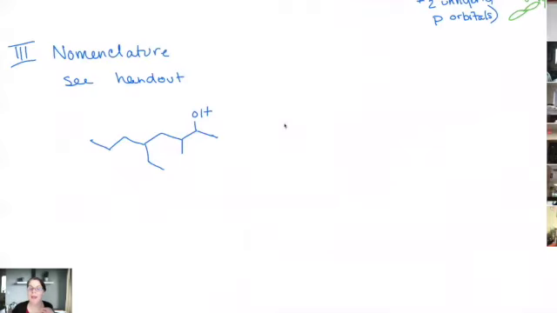Because we're going to start with ane because it's our carbon chain, and then we're going to adjust it for any higher priority functional group. Okay, so 8 is oct, and we're going to add ane to the end.